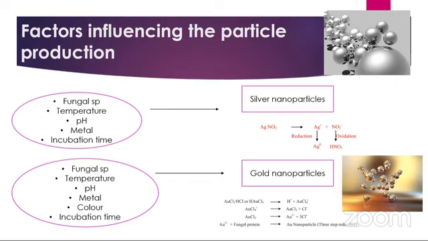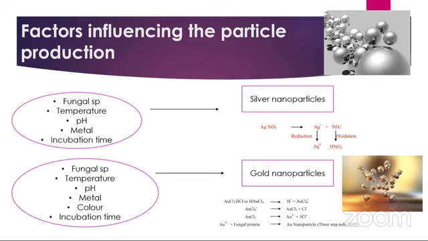For instance, yellow, red, and different colors will be there. Yellow will give you large-sized nanoparticles, whereas red, and some dark pinkish colors, will give you fine nanoparticles of varying size and morphology.